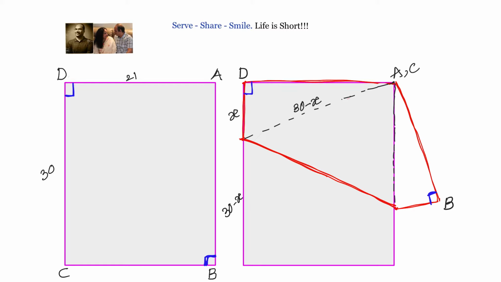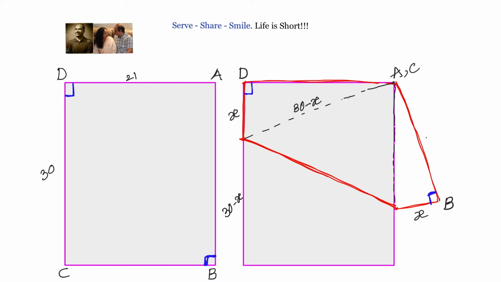Actually, if you observe what is happening, the original 90 degrees, whatever we have as coordinate axes, are rotated by an angle. So this angle will be equal to this angle. So we have two congruent triangles there. If we are able to calculate the value of x, then we can easily calculate the perimeter.